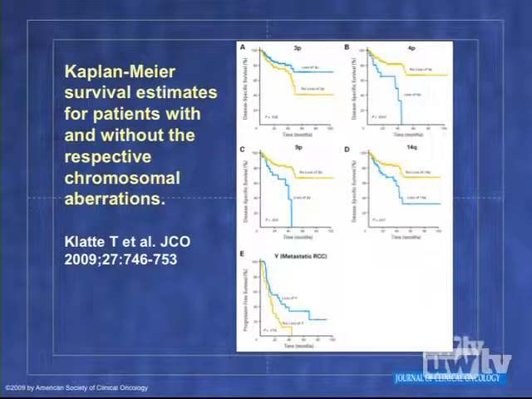They showed that the 3p deletion is actually associated with better prognosis in renal cell carcinoma, whereas deletion of 4p, 9p, and 14q are associated with poorer prognosis. So it has prognostic value in many different kinds of solid tumors, not only renal cell carcinoma.